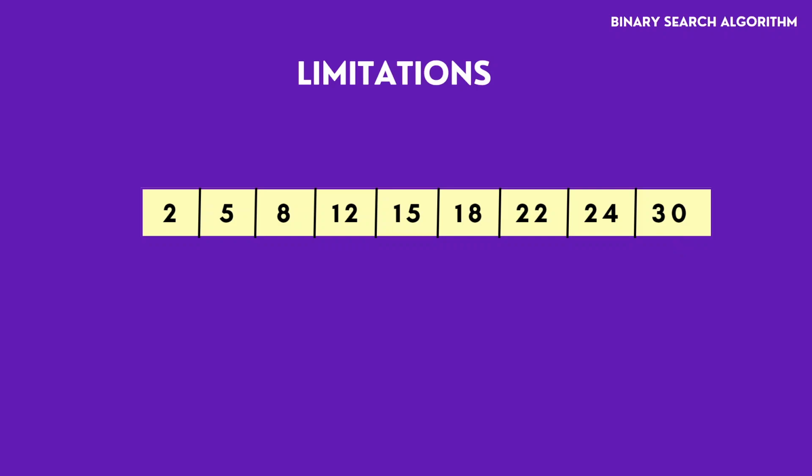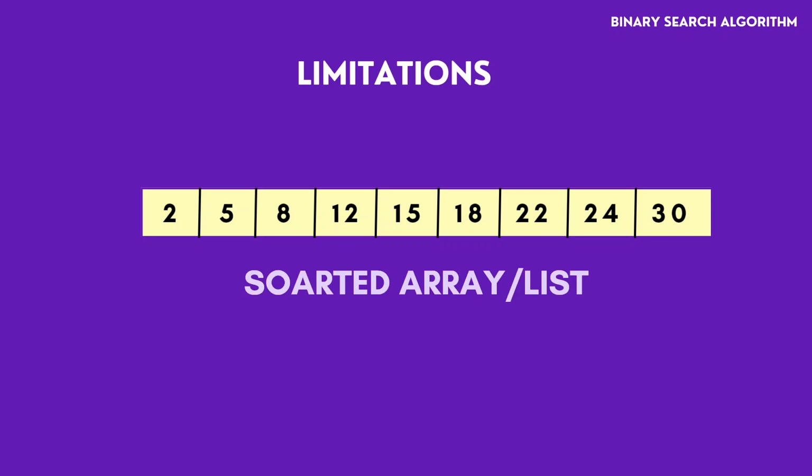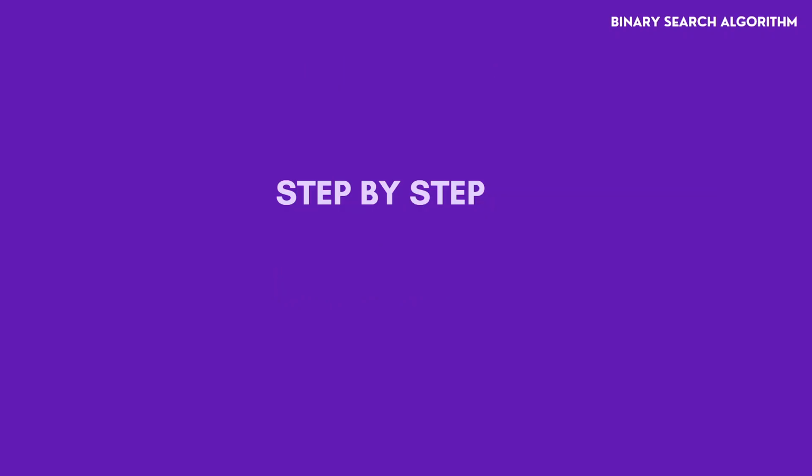These are all in sorted order, so we can apply the binary search algorithm. Now we are going to understand how to apply it to a sorted array list step by step.